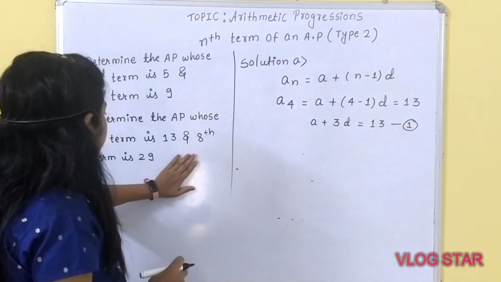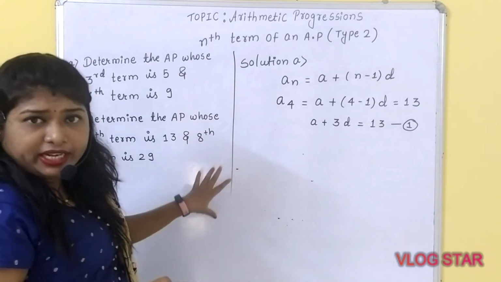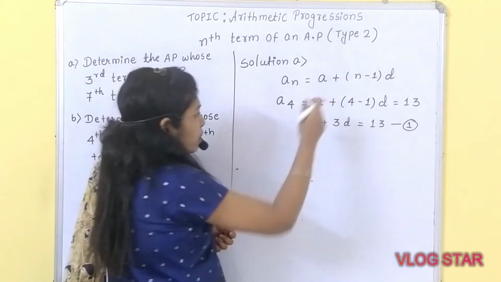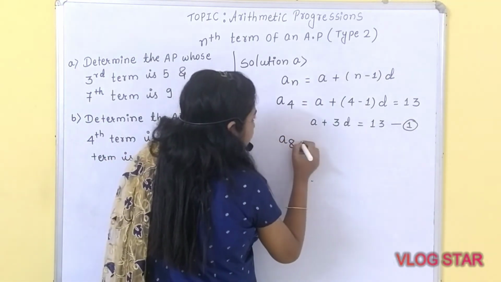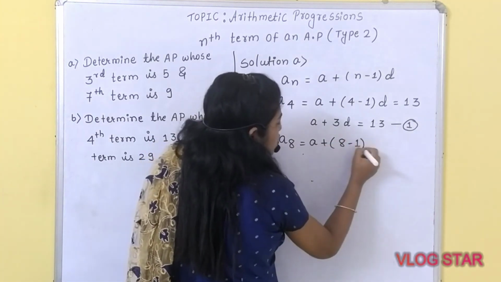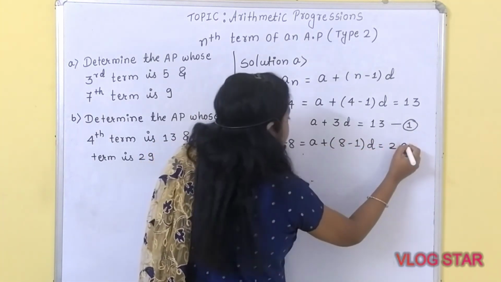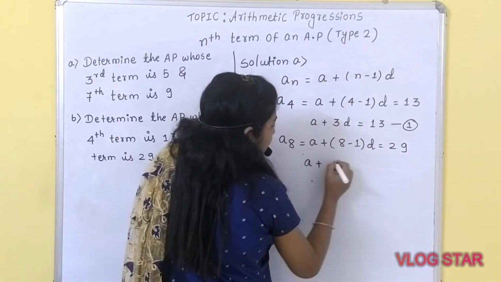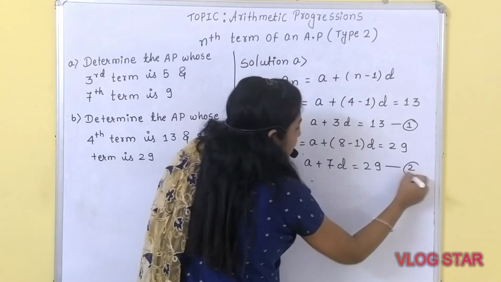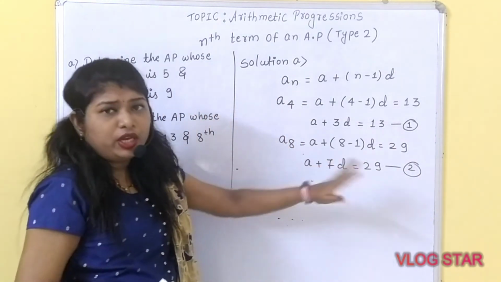Similarly, the second data is what? As per the given data, the eighth term is 29. So how are you going to represent that? A8 is equal to A plus 8 minus 1 into D, which is equal to 29. So A plus 7D is equal to 29. Let's consider this is equation number 2.